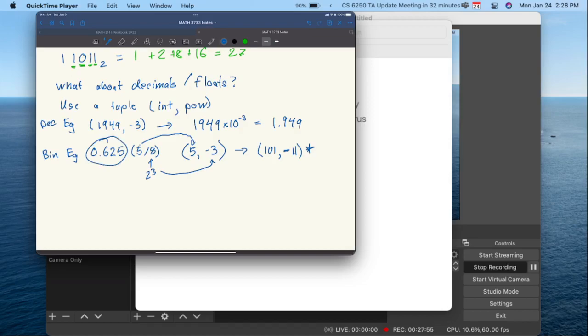Let me give you one. Let's try another example. What about 7 over 32? How would you represent this fraction using a tuple?